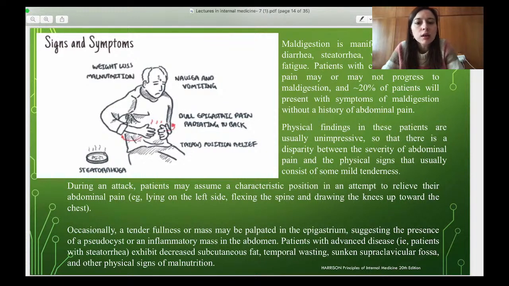Occasionally, a tender fullness or mass may be palpated in the epigastrium, suggesting the presence of a pseudocyst or an inflammatory mass in the abdomen. Patients with advanced disease exhibit decreased subcutaneous fat, temporal wasting, sunken supraclavicular fossa, and other physical signs of malnutrition.